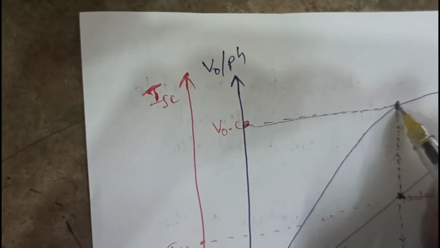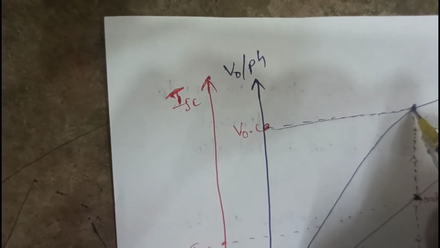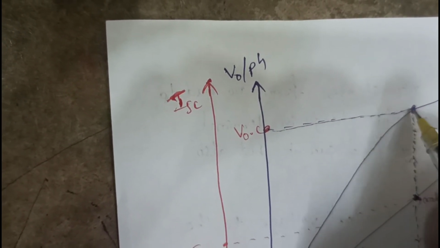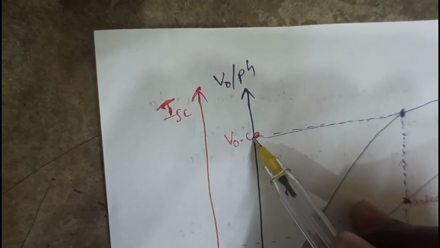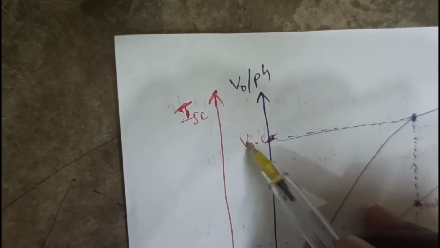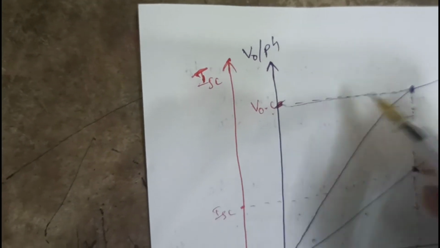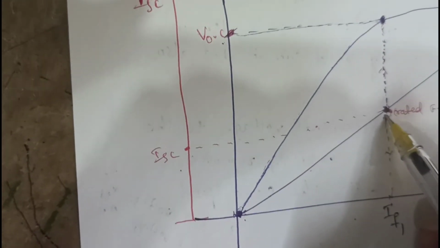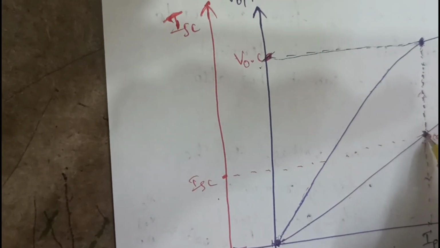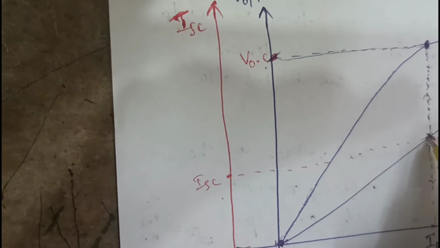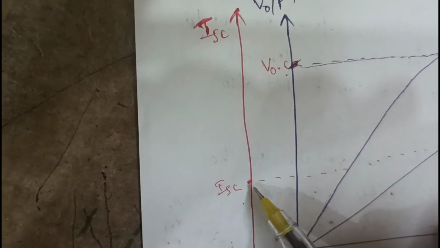After that, extend this line to the left side, then you get some points. So this is the open circuit voltage, and below it, extending the line to the left side up to the short circuit current.